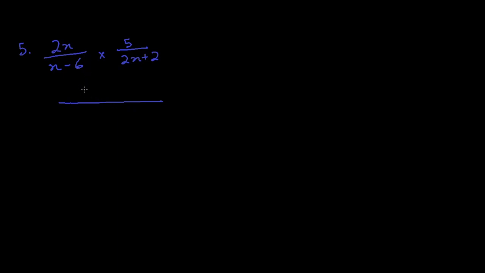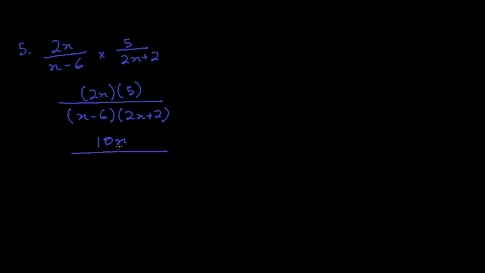So we're gonna have 2x multiplied by 5. Then here we're gonna have x minus 6 multiplied by 2x plus 2. Then from your numerator you simply multiply the 2x by the 5, which will bring us to 10x.